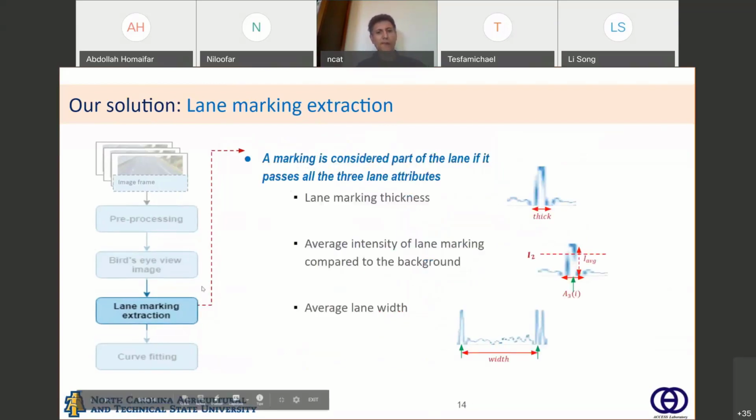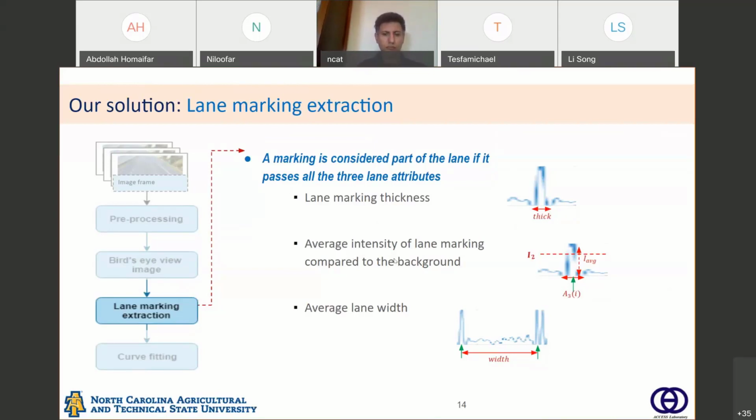So the next stage in the lane marking extraction process is to apply the lane attributes or the lane parameters. For example, thickness is one of the parameters of a lane. We know that lane boundaries have a specific thickness, and there might be some slight variations, but usually the thickness is known and it's also measurable.